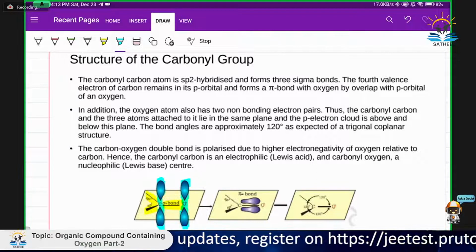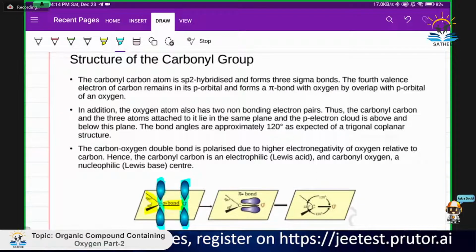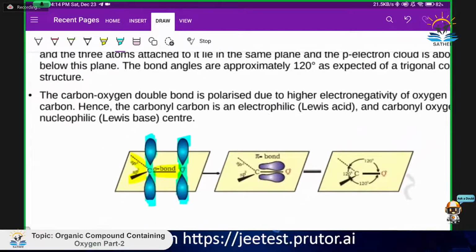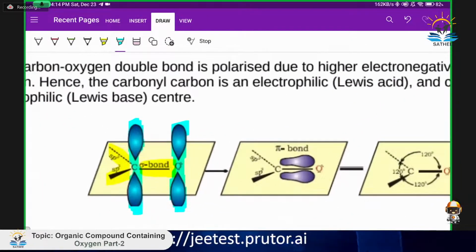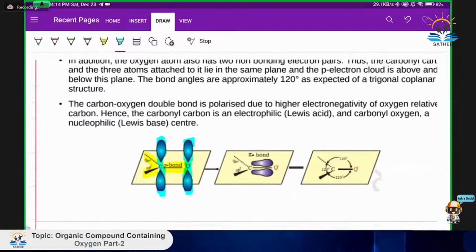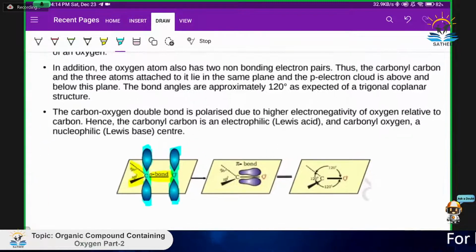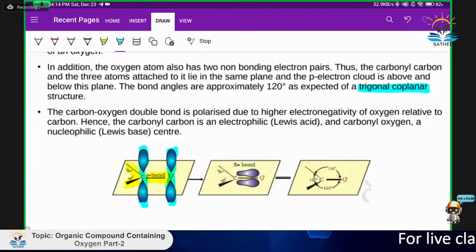The carbonyl carbon and the 3 atoms attached to it lie in the same plane, and the p electron cloud is above and below this plane. The bond angles are approximately 120 degrees because it is a trigonal coplanar structure.